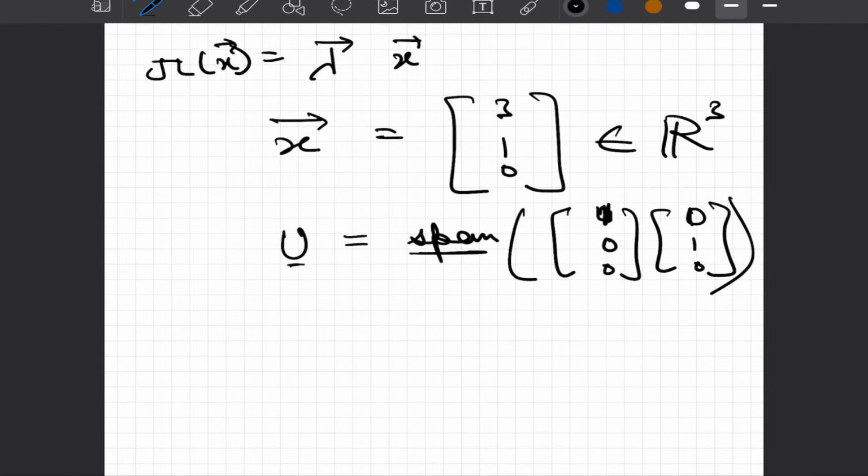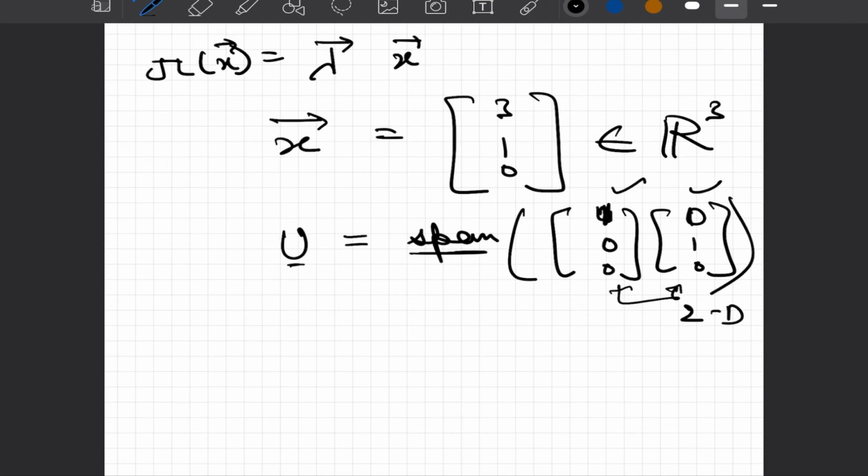The span of U is just two dimensions because there are two columns in the basis of U, and it becomes a basis when these two columns are independent, which is rightly so in this particular case.